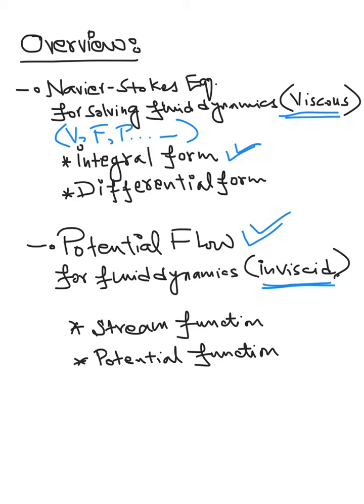In this regard, we have previously learned the stream function and potential function and their conditions for existence. Now we will study further details of this potential flow theory and how we utilize it to solve a typical fluid flow problem for our various applications.